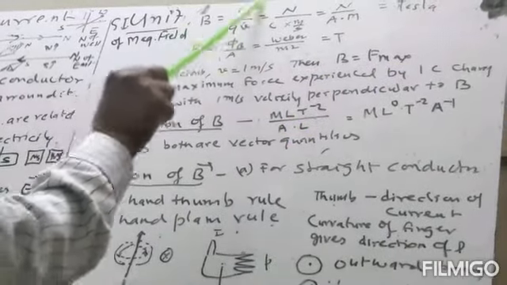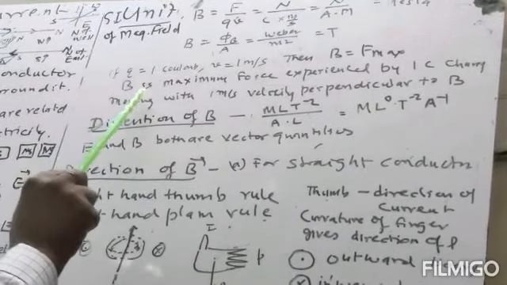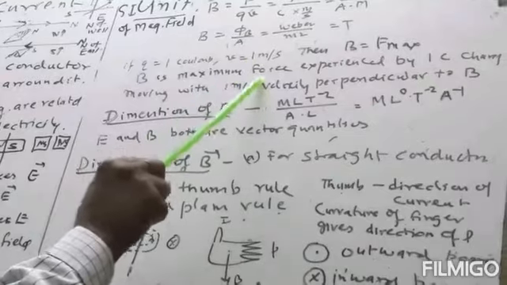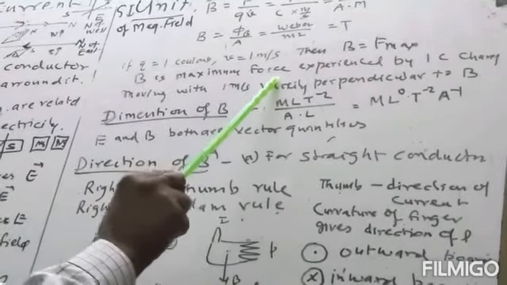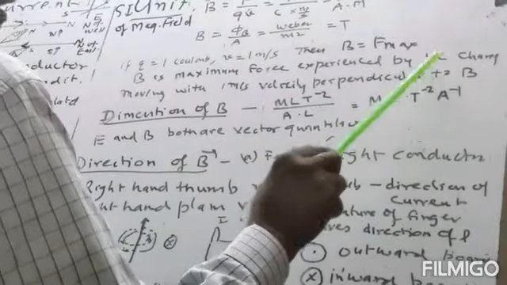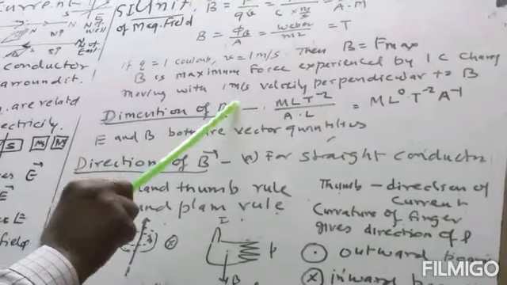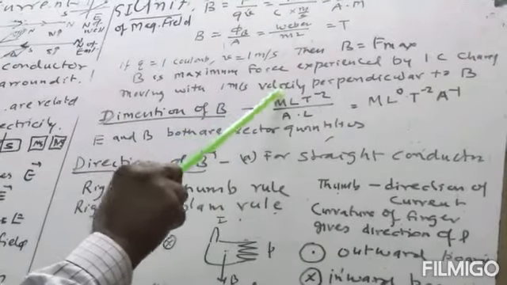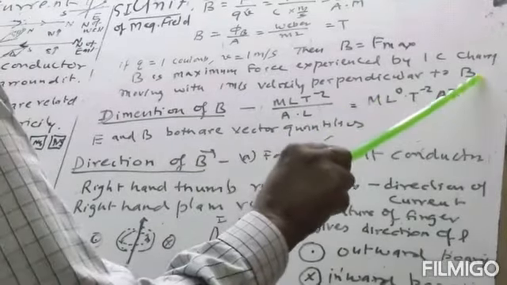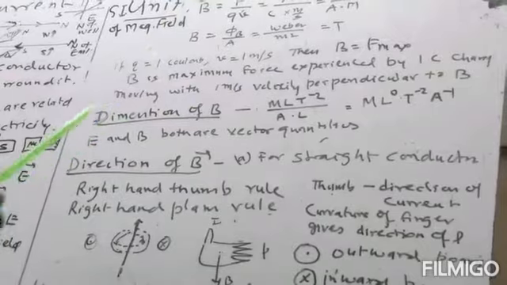B is the maximum force experienced by a 1 coulomb charge moving with velocity 1 meter per second and perpendicular to the magnetic field B. So we can find it.